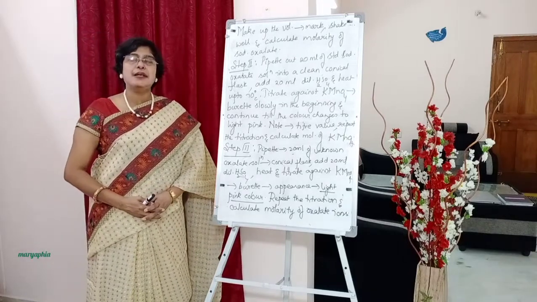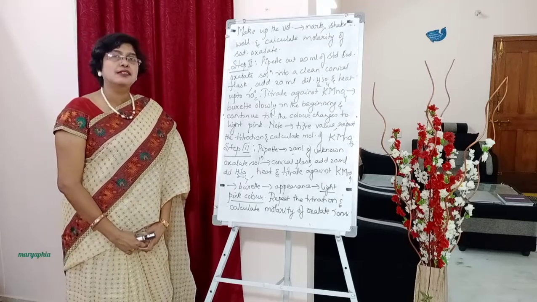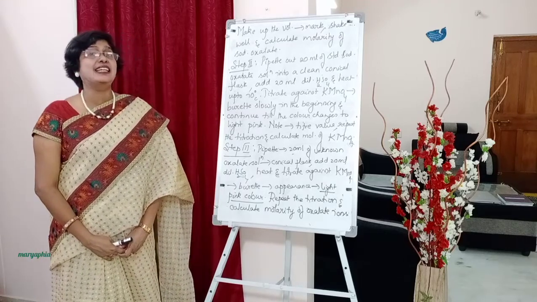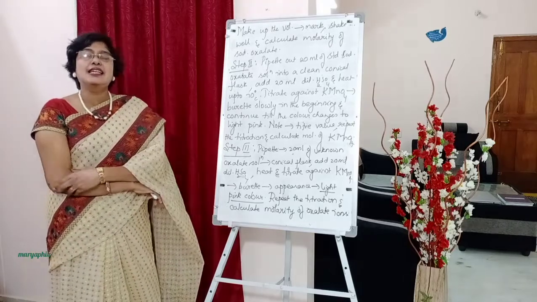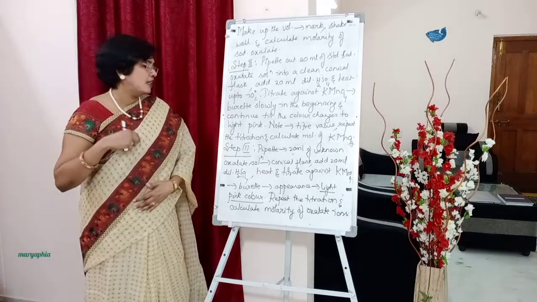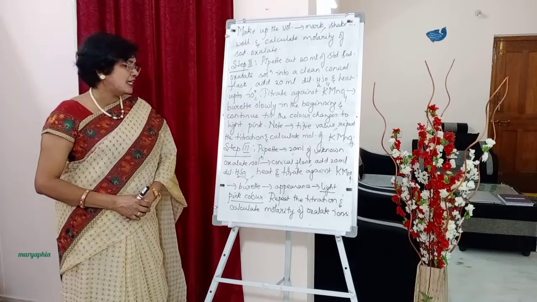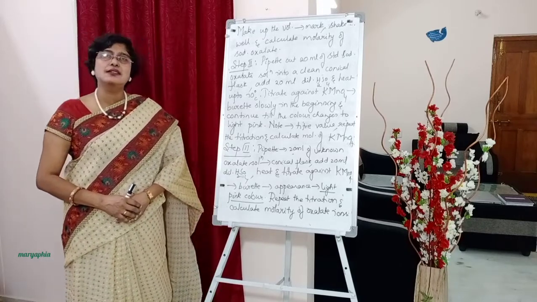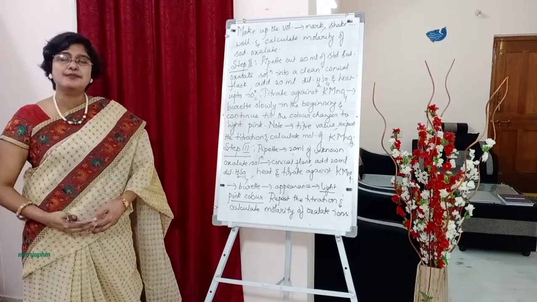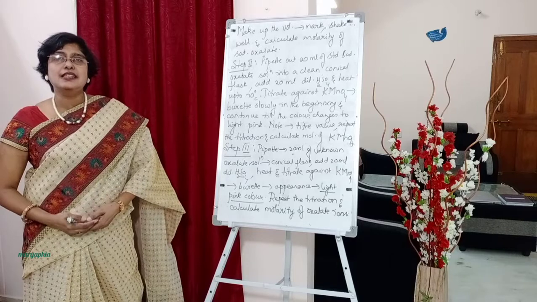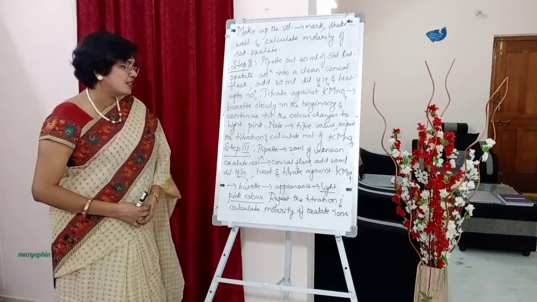Pipette out 20 ml of unknown oxalate ion solution into a clean conical flask, comma, add 20 ml dilute H2SO4, same procedure, comma, heat, and titrate against KMnO4 taken in the burette.